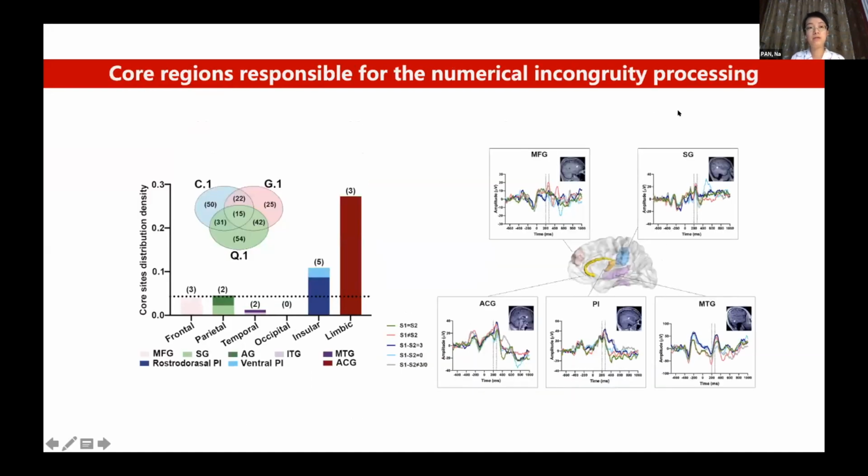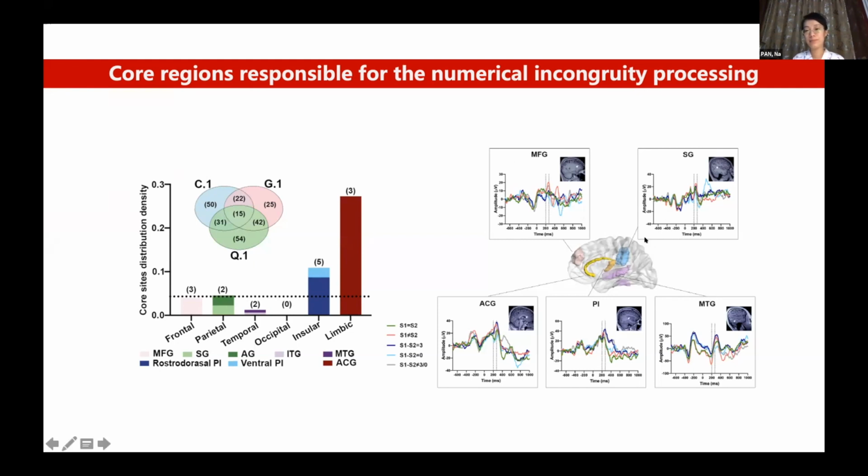So we screened all the common regions. We got 15 core recording sites that are responsible for numerical incongruity processing, distributed in the middle frontal gyrus, supramarginal gyrus, and angular gyrus, and in the inferior and middle temporal gyrus, with no recording site in the occipital lobes, 2 subregions in the posterior insula, and a high proportion in the ACC.